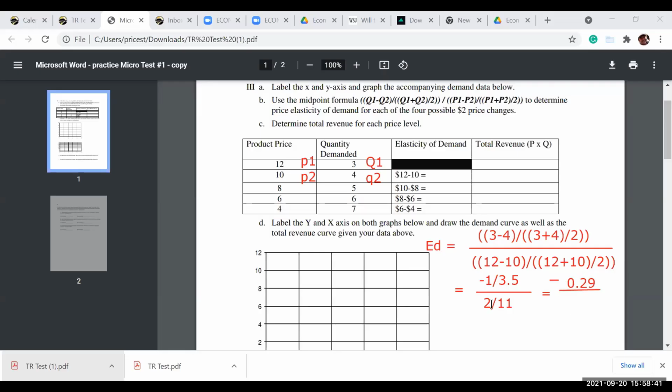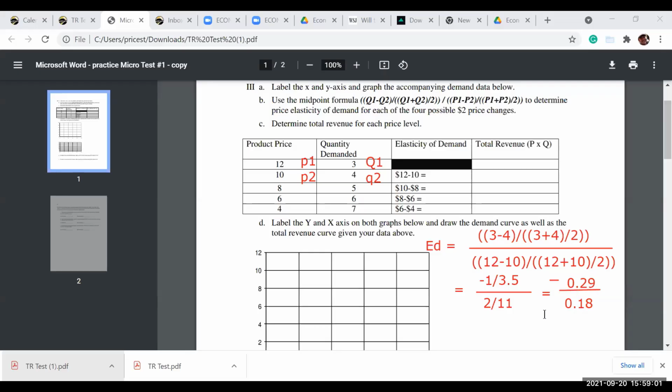In the denominator, 2 divided by 11 gives me 0.18181818 repeating. So I'm just going to put in 0.18, rounding it to the hundredths place.